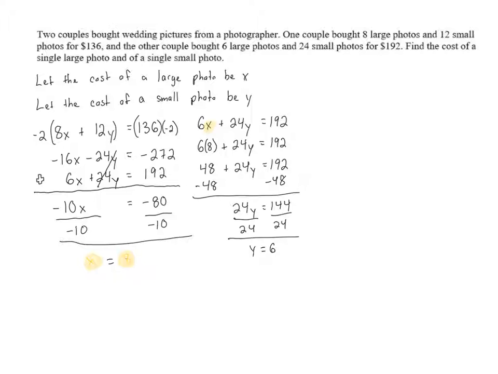So if we go back up to our let statements, the cost of a large photo was x, and that's going to be 8. This is measured in dollars, so a large photo is $8. The cost of a small photo was y, and that's 6, also measured in dollars, $6. So when we state our conclusion, they told us to find the cost of a single large photo and of a single small photo.